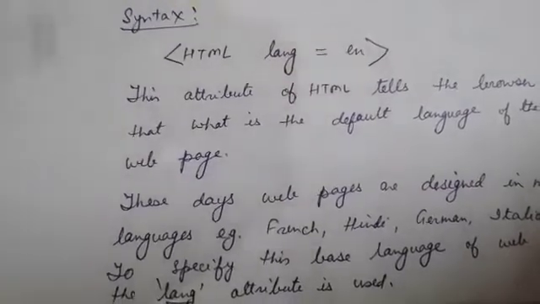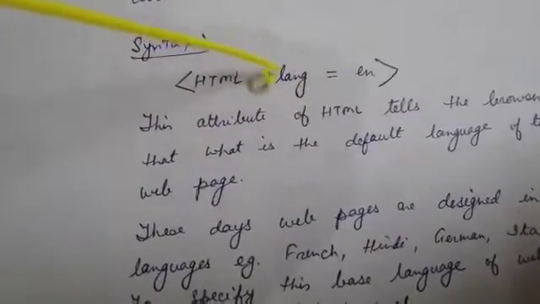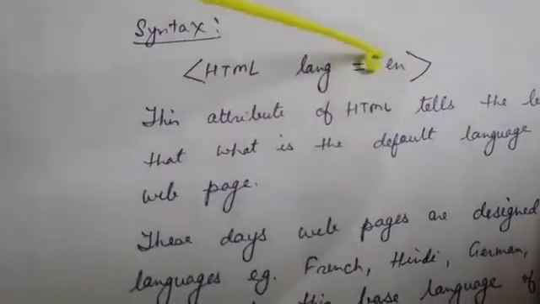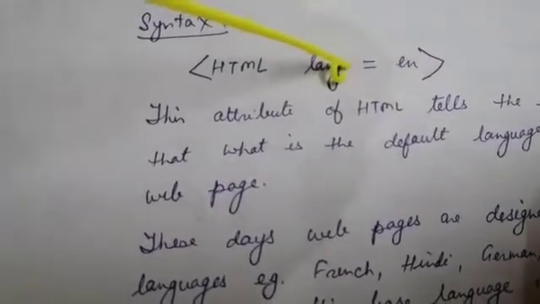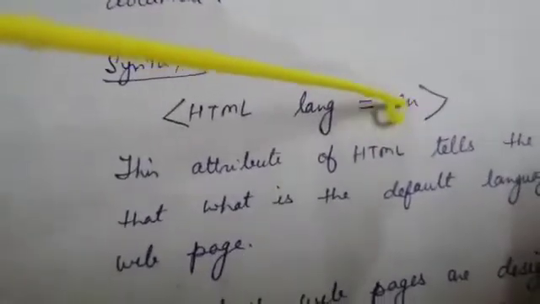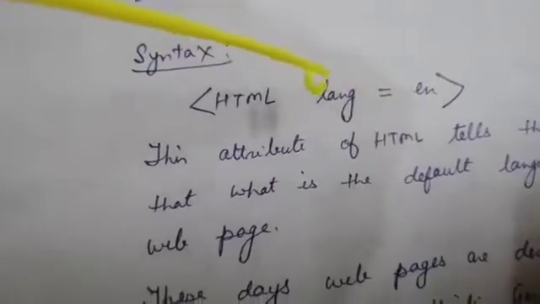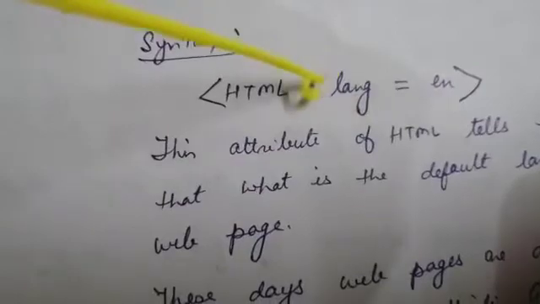Right. So here it is, this is the main tag. This is the attribute of the tag, and then the equal to symbol and en. En means English, and after the equal to symbol, whatever you put with the attribute is known as the value of this attribute.